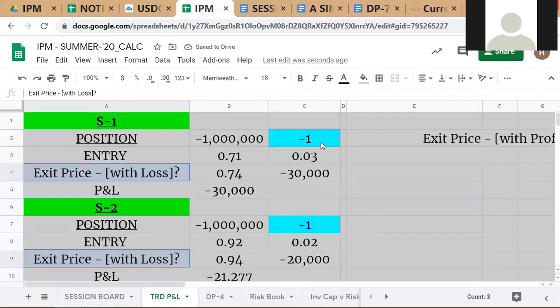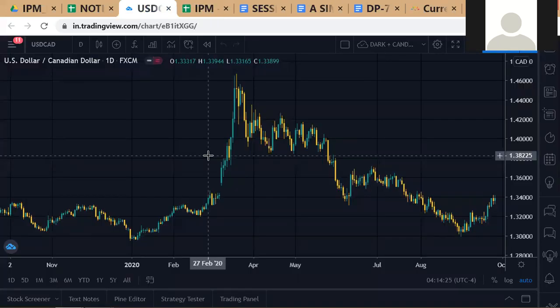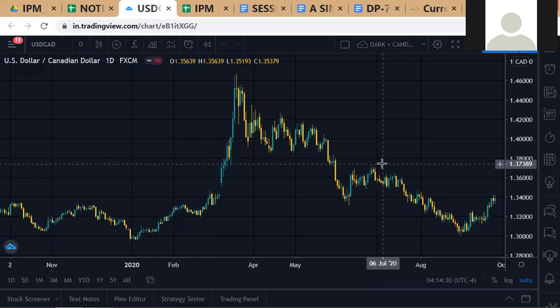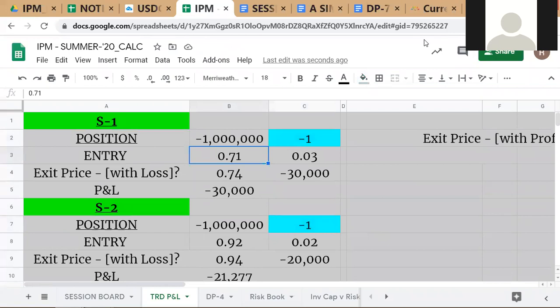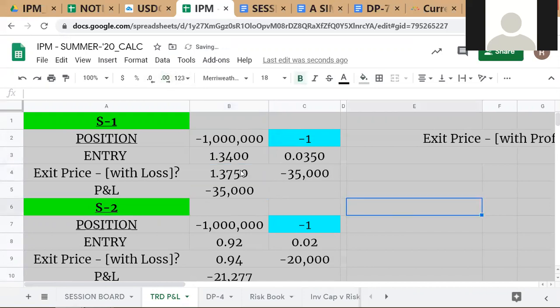Here if we take in $1 million and if I enter at 1.34 where the market is today, let's say if I go short and then I have a stop at 1.38, or 1.37, so 1.34 and 1.3750, let's say. If I enter $1 million at these, let's make it 4 decimals. So this is basically what happens.